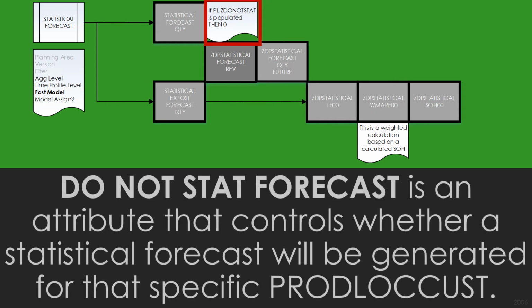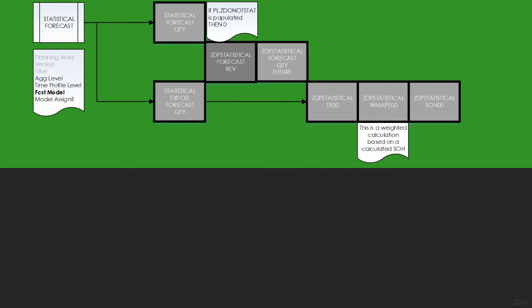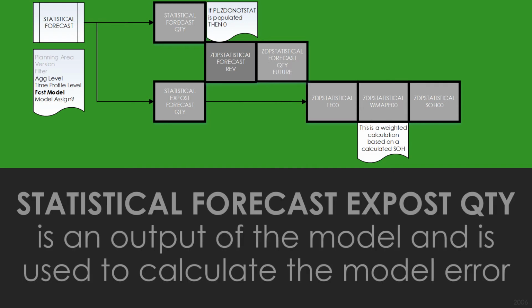Do not stat forecast is an attribute that controls whether a statistical forecast will be generated for that specific product, location, customer combination. Statistical forecast ex-post quantity is an output of the model and is used to calculate the model error.